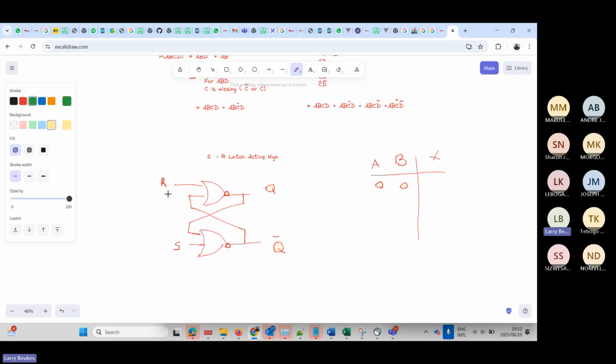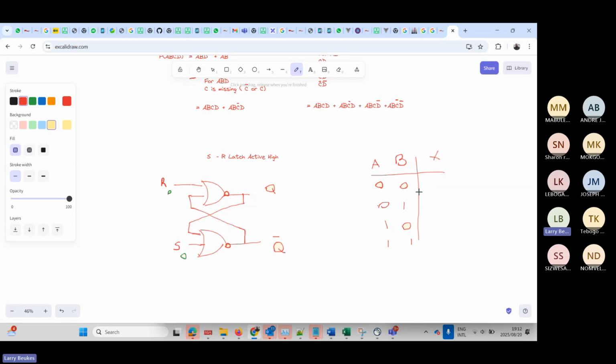You need to know the truth table of an OR gate first. So let's make the truth table of a NOR gate: 0, 0, 0, 1, 1, 0, 1, 1.